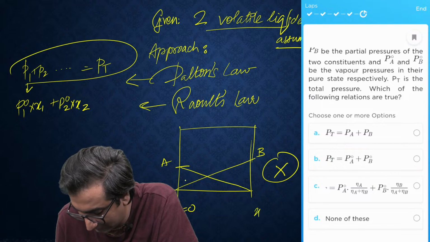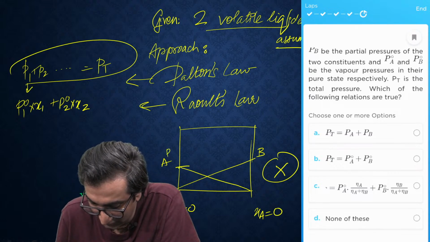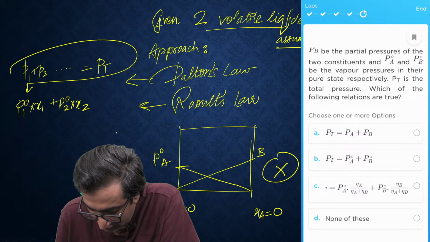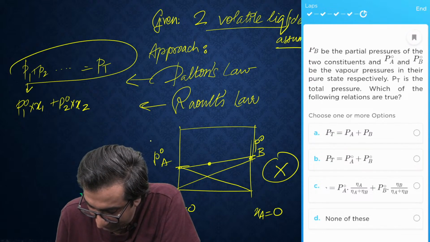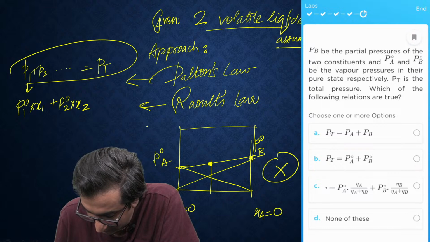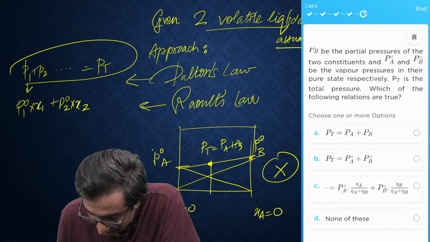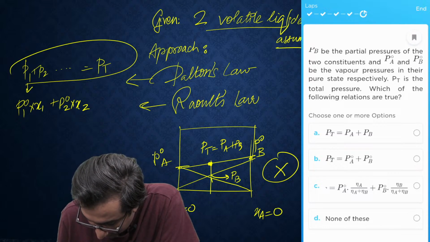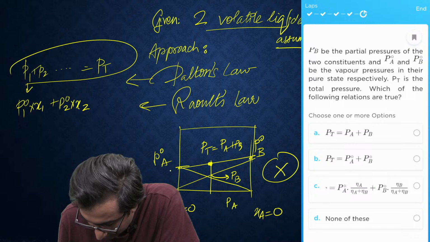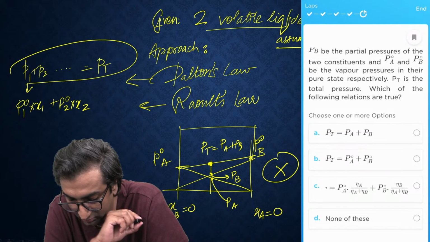Here you can make the graph however you want, ठीक है, but इधर मैं ये ले रहा हूँ XB equal to 0, so सिर्फ A है, तो this is P0A इस तरफ and this is P0B, ठीक है. इसका ये मतलब हुआ क्या कि at any point, say here, PT will be equal to PA plus PB, which means this right here is PB and this tiny point right here is PA. Okay, उन दोनों को ऐड करेंगे, not P0, so B is wrong.